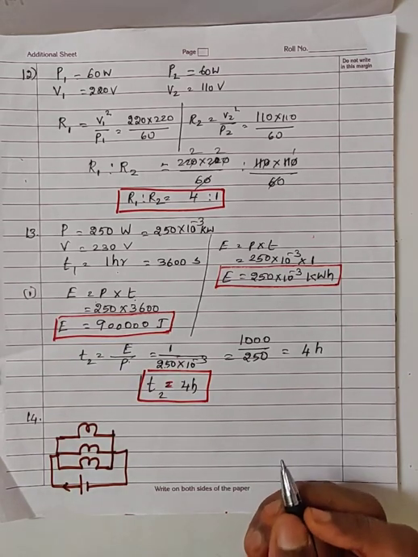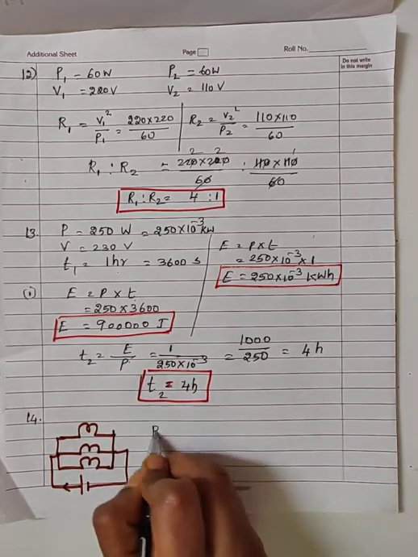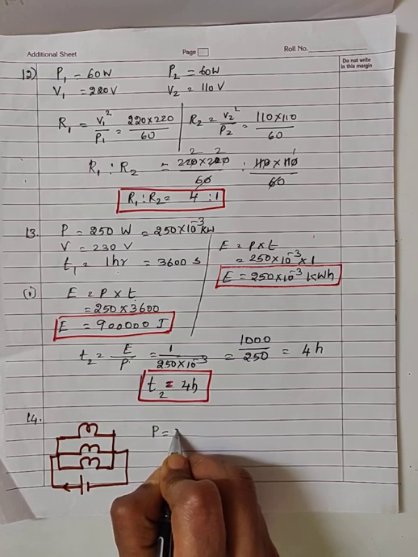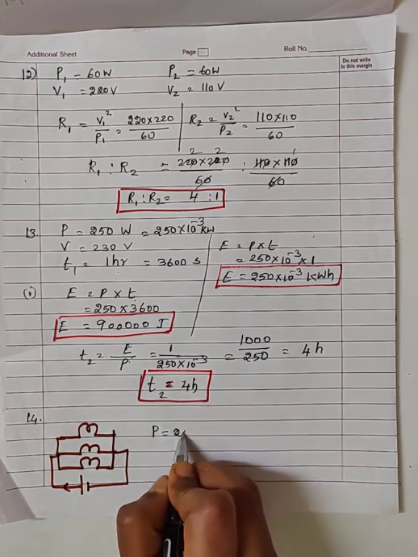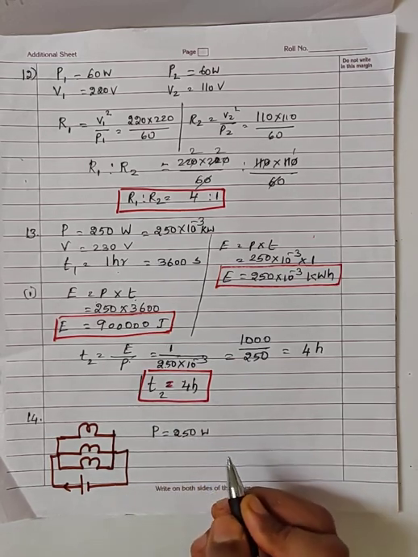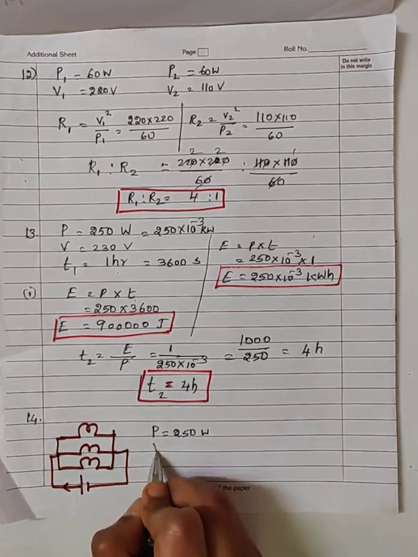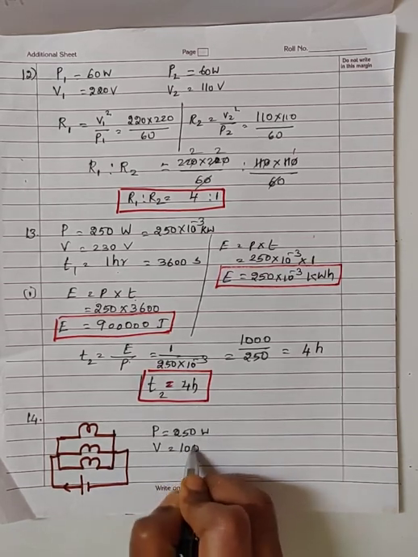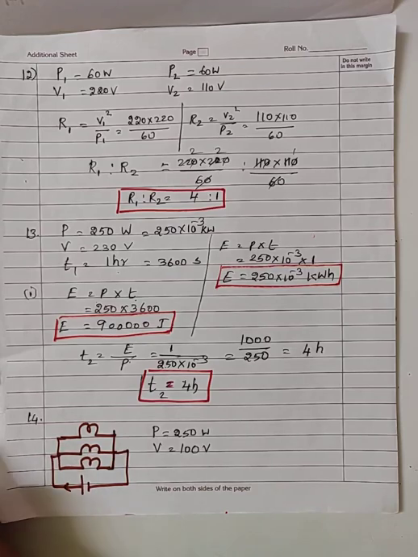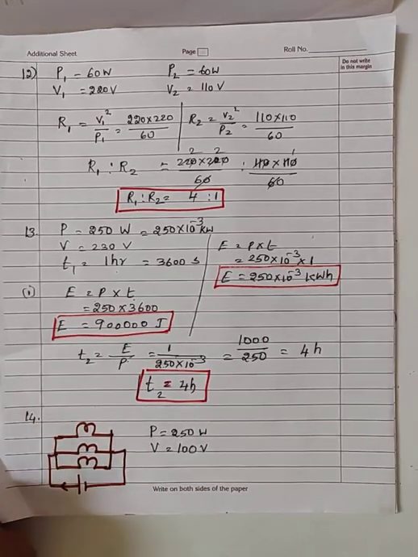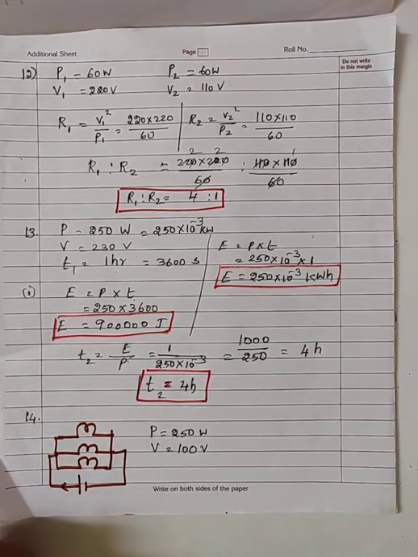Here in this 14th question, the data is given as the power consumed by each heater is equal to 250 watt when they are connected to a potential difference of 100 volt. V is equal to 100 volt. Okay, that is given. Next, first you are asked to calculate the total current taken from the supply.